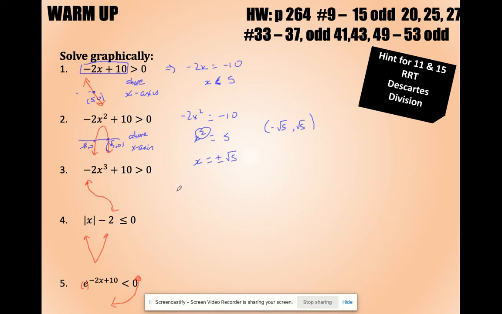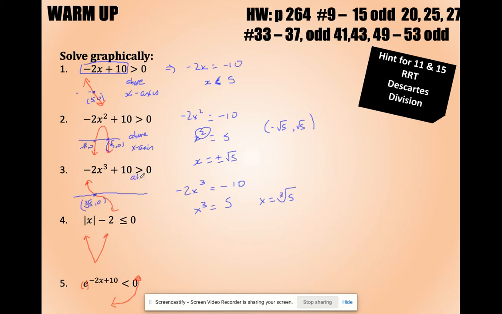So how about the next one? When is negative 2x cubed plus 10 equal to 0? Well, that's when negative 2x cubed is equal to negative 10. X cubed is equal to 5, so x is equal to the cube root of 5. Cube root is one to one, right? So here's the x-axis. When does this thing hit the x-axis? Whatever the cube root of 5 is, 0.